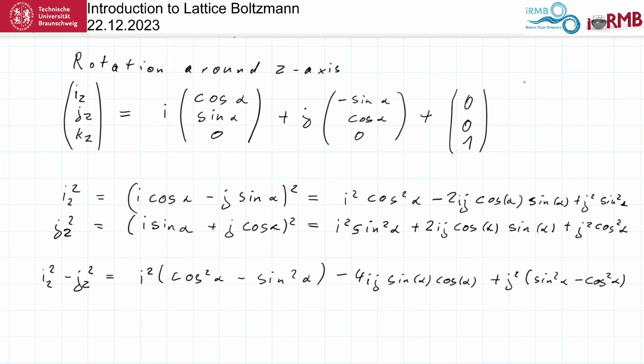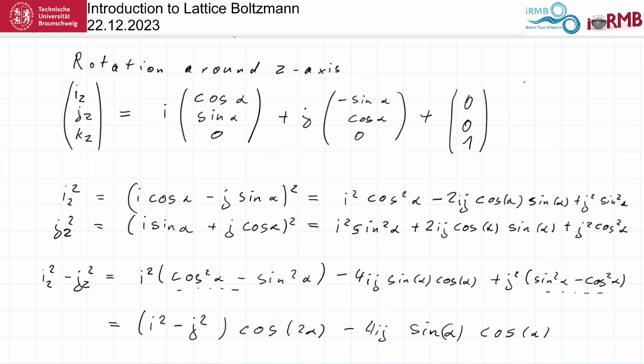You see that these are similar, they have different sign, and this can be transformed. So that is why I wrote i squared minus j squared, and they can be transformed to cosine 2 alpha, and the rest will be the same for ij sine alpha cosine alpha.